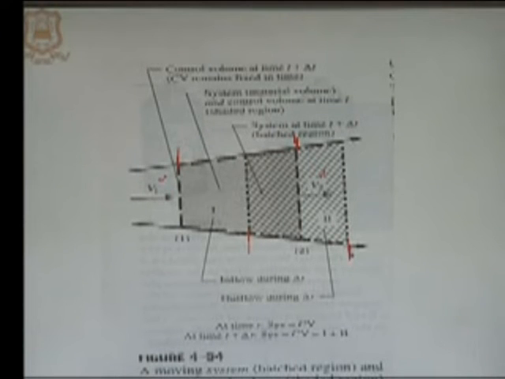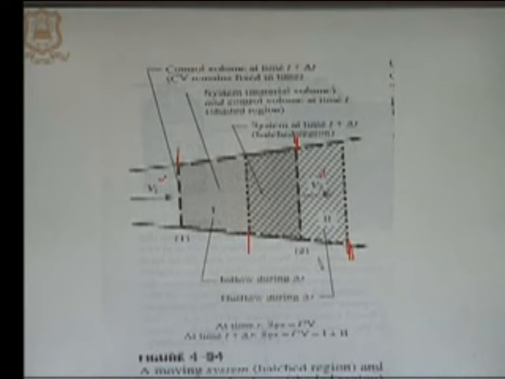So, this mass of the fluid, which was inside the control volume, has come out and taken this position in this figure between this section and this section at time t plus delta t. So, at time t we have a control volume between these two and a control mass also between these two, but at time t plus delta t the control volume remains the same, but the control mass is between this point and this point.